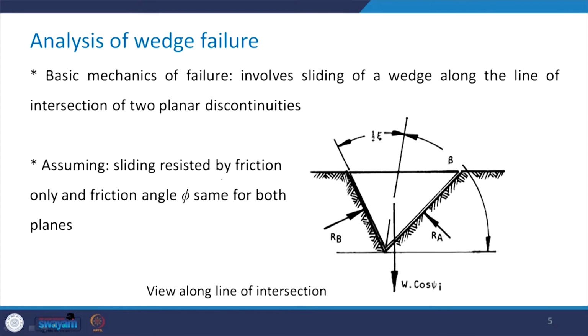Now, the basic mechanics of failure once again involves the sliding of the wedge along the line of intersection of these two planar discontinuities.